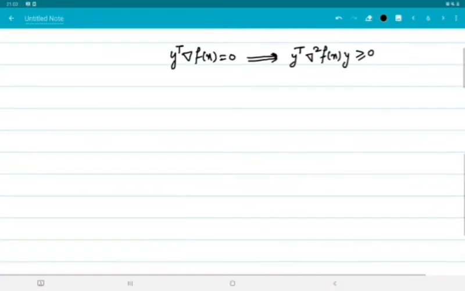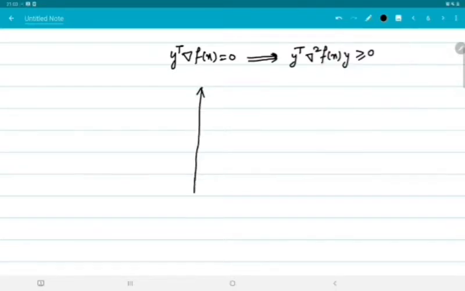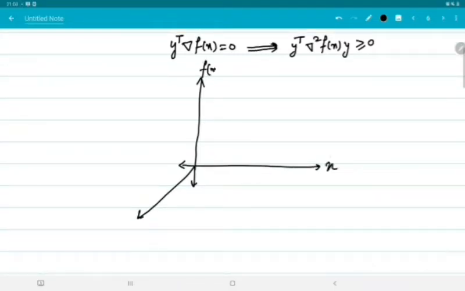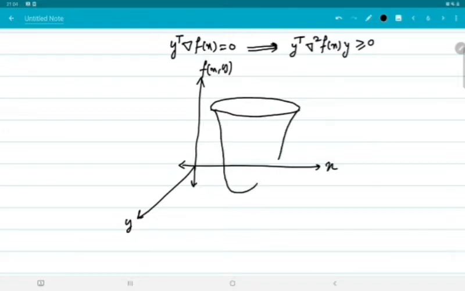To concretely explain this, we can consider an example. We have a function of two variables x and y, and this is the function. It looks like an inverted Gaussian curve, and this is a quasi-convex function.